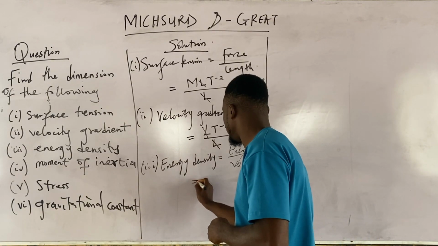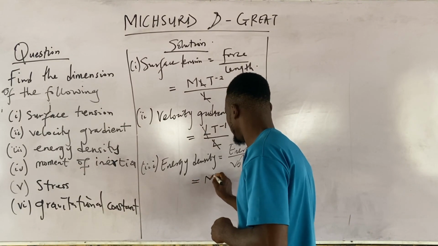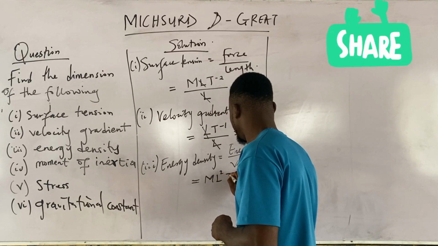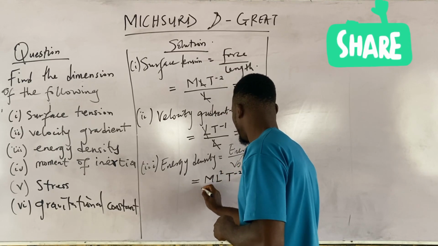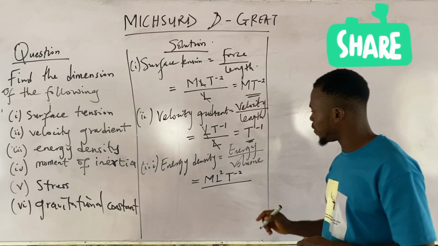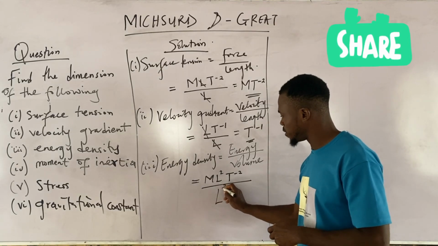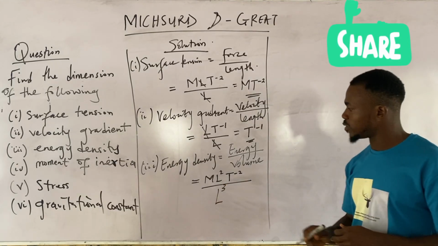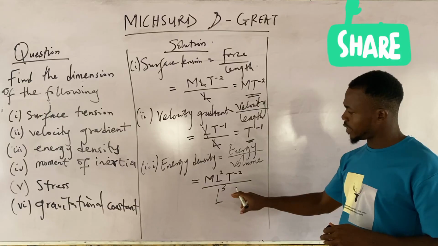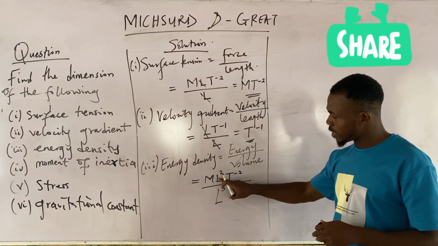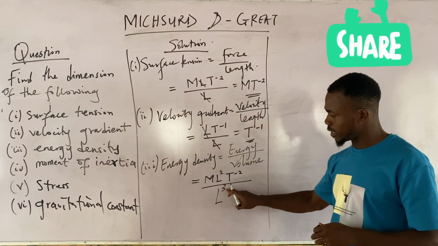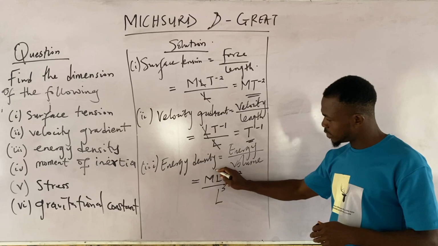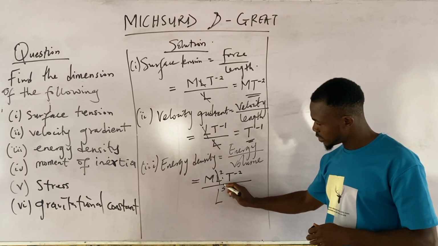Energy has dimension ML^2T^-2. The dimension for volume is L^3. With this, we can see that L^2 and L^3 can cancel out.